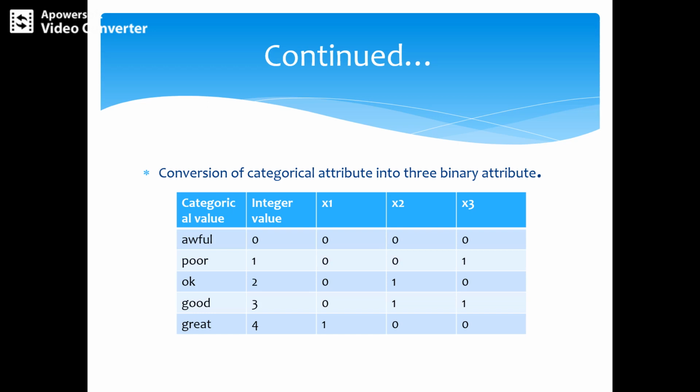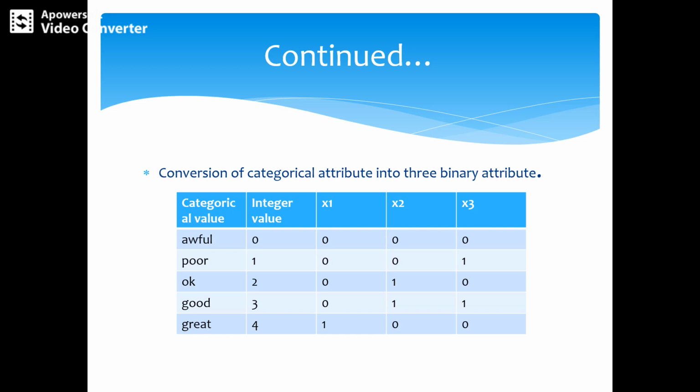This is a simple example where we convert a categorical attribute into three binary attributes. The categorical values are awful, poor, okay, good, great. Integer values are given to these categorical values: 0, 1, 2, 3 and 4. The respective binary values we have taken are x1, x2, x3.